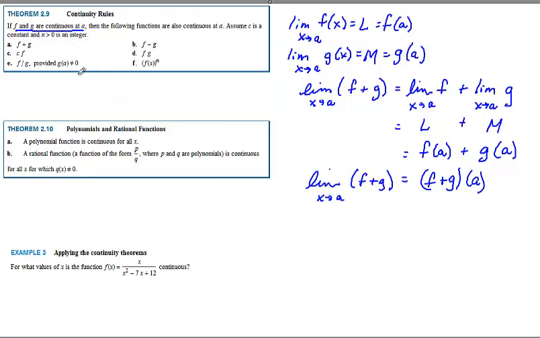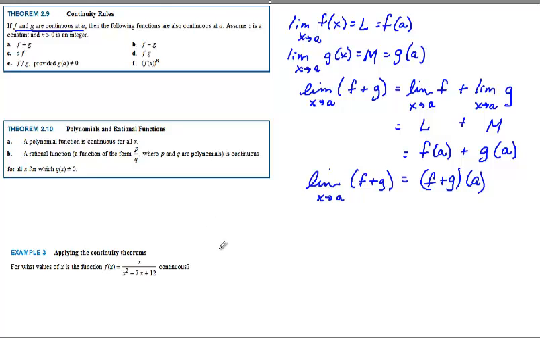And the rest of the proofs would just be similar to this. The next theorem wants you to expand it for a polynomial and rational function, and we've seen this happen time again. You can extend this technique for polynomials and rationals.